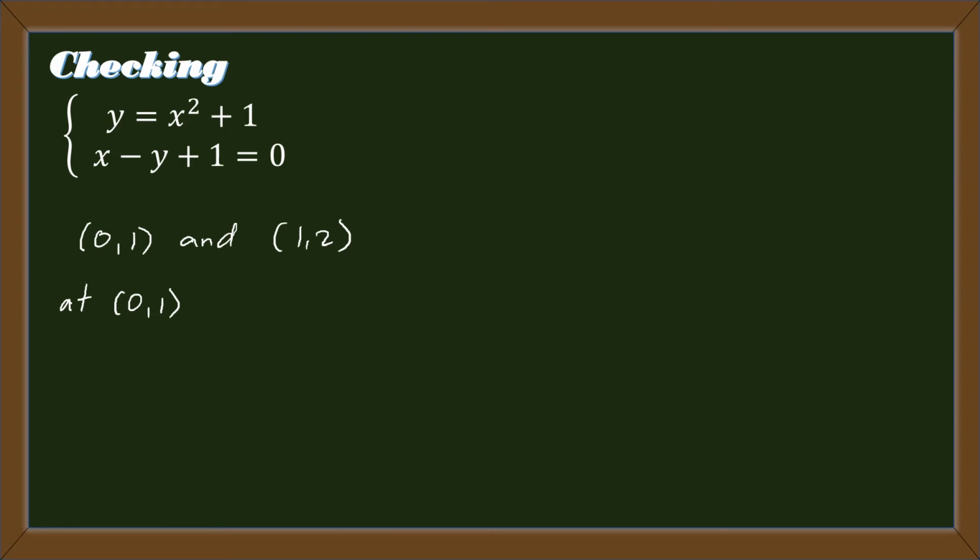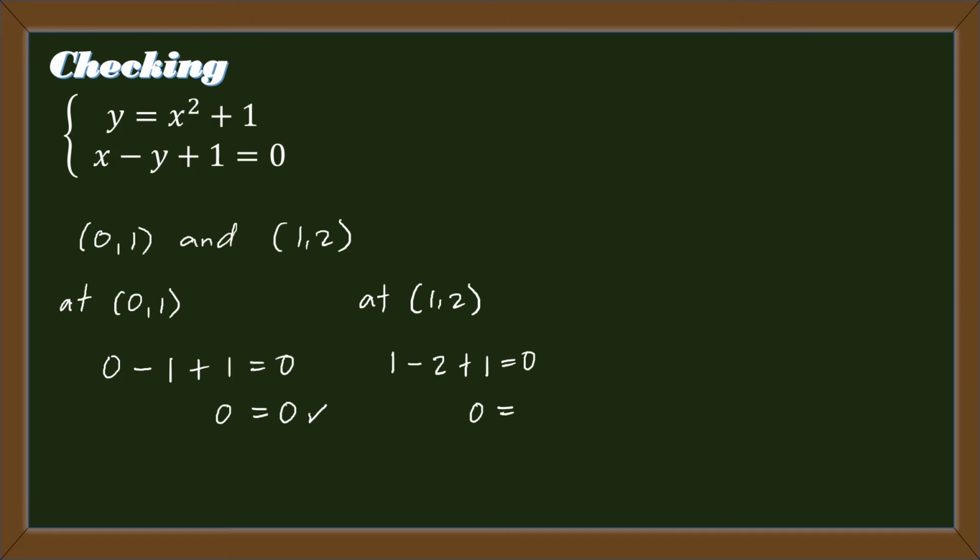For the equation of the line, we have 0 minus 1 plus 1 equals 0. And this is 0 on the left side. Hence, the solution is correct. Next, at the ordered pair (1, 2), we have 1 minus 2 plus 1 equals 0. 1 minus 2 is negative 1 plus 1.